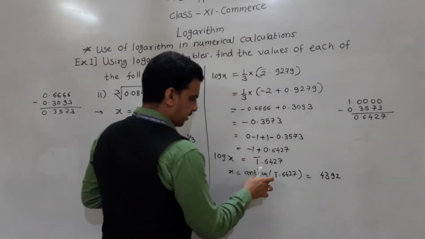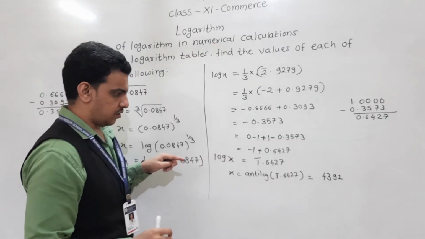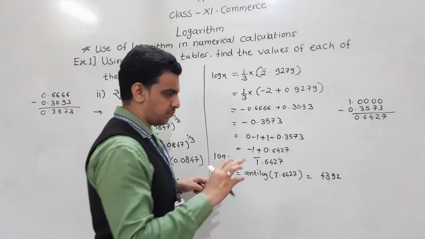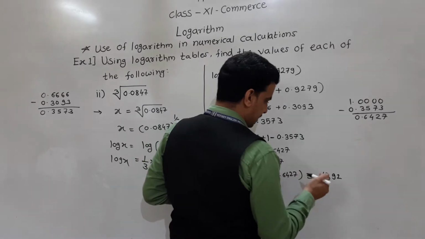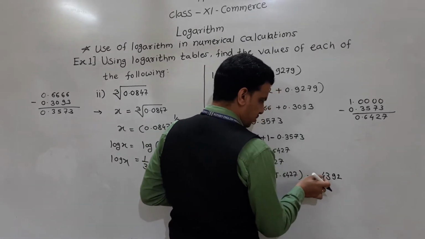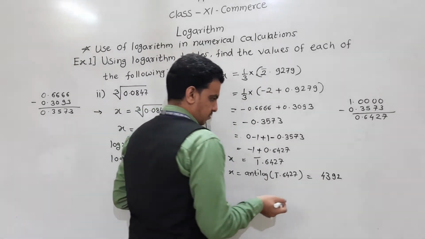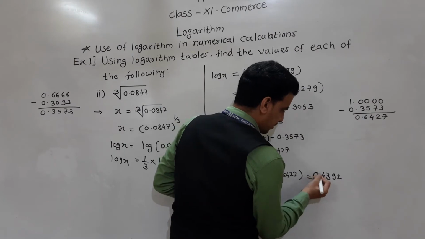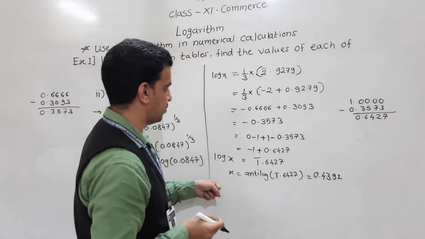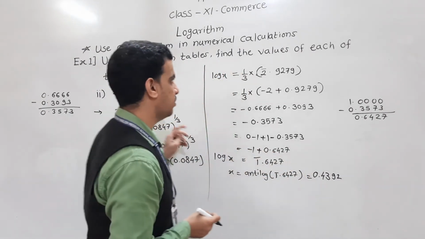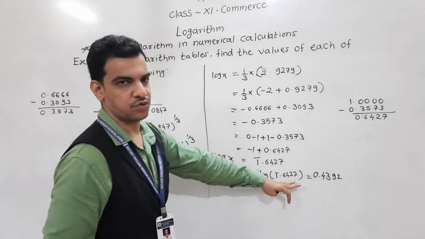Okay, and here the characteristic is minus 1, so we take 1 and subtract 1 from it, so 1 minus 1 is 0, so give that many zeros between the decimal point and the first non-zero digit. So 0 zeros means it is only 0.4392. Okay. So x is equal to 0.4392, or we can write the cube root of 0.0847 is 0.4392.